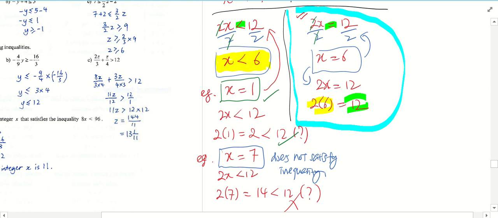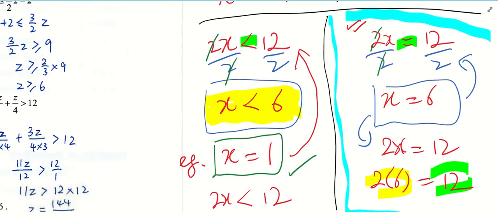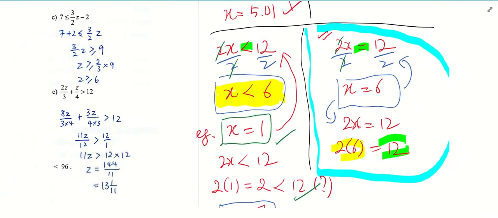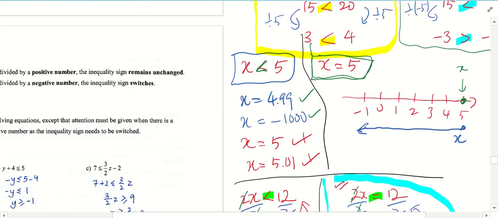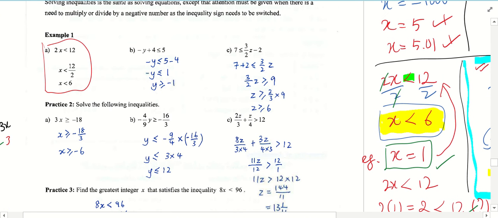So for instance here, any number for x that's smaller than 6 would be okay, but anything bigger than 6 is not okay. Here we are dividing both sides by a positive number, and nothing happens to the inequality.